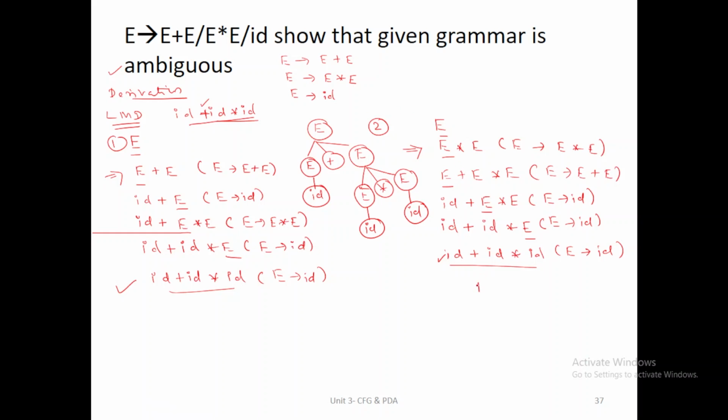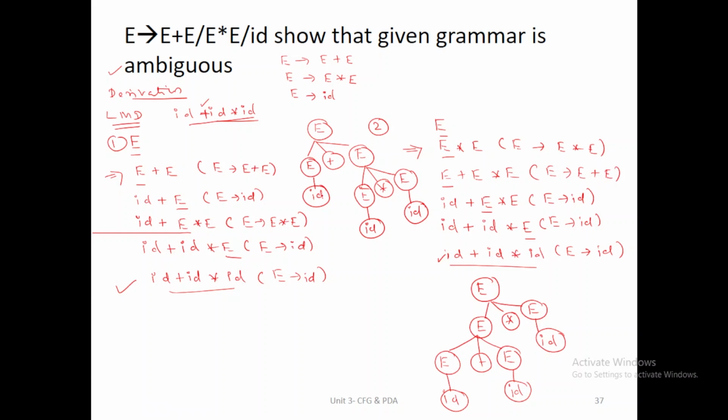For the second derivation, I draw the diagram at the bottom. So E can be replaced as E star E. Then this E will be replaced as E plus E. Then this is replaced as id, this E will be replaced as id, and this E will be replaced as id.